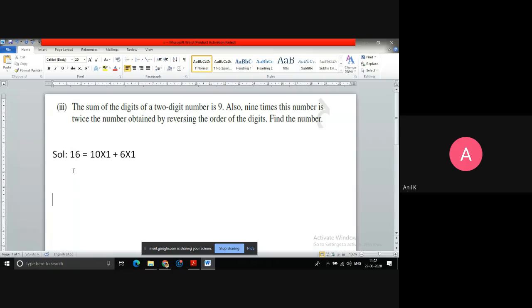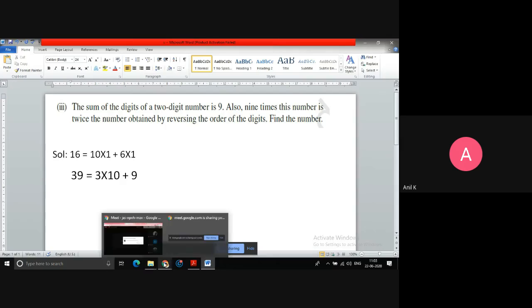Similarly, if I have 39, you can write this 39 as 3 multiplied by 10 plus 9 multiplied by 1. So any 2-digit number we can represent in this form.